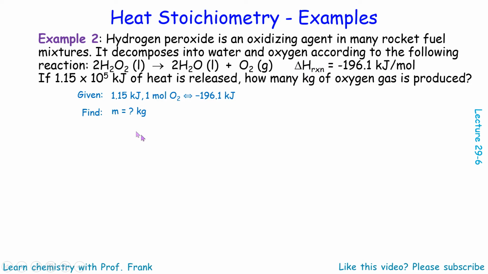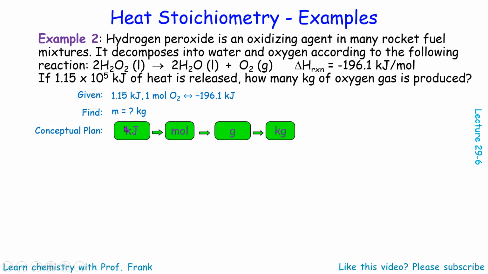So we need to find out the mass in kilograms. And now, since we know kilojoules, we start from kilojoules first, then convert that to moles, then from moles to grams, then from grams to kilograms.